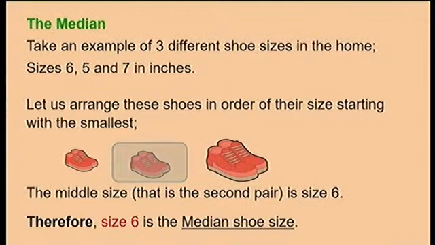Why is our median shoe size 6? Because it appears in the middle. We have 3 items, which are shoes, and the one that appears in the middle is our median shoe size. So I hope from this example you will get to know what median is.